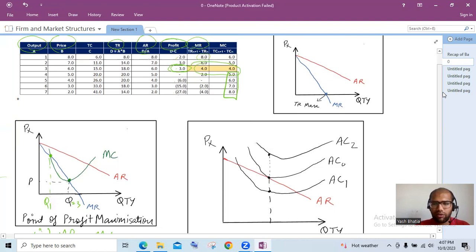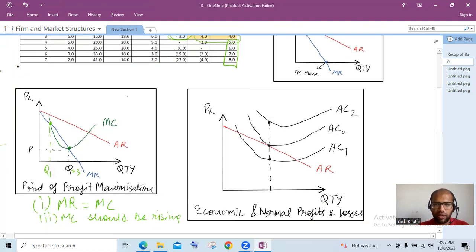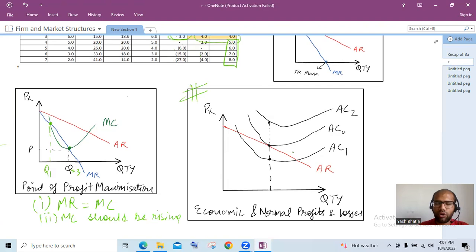Now, let's have a look at this graph here. This is the kind of illustration which shows the concept of economic profit and normal profit. Let's see, how do we calculate profit? Either using the total cost and total revenue approach, or using the average cost and average revenue approach.